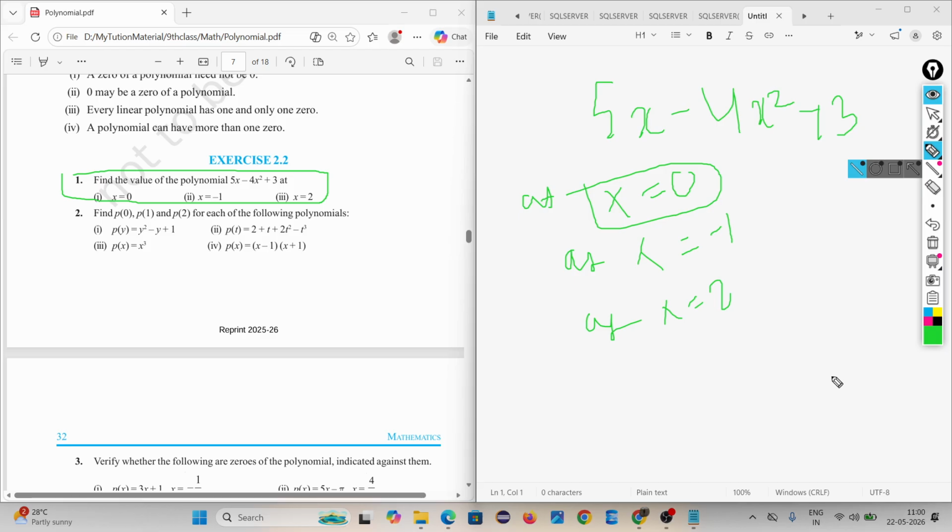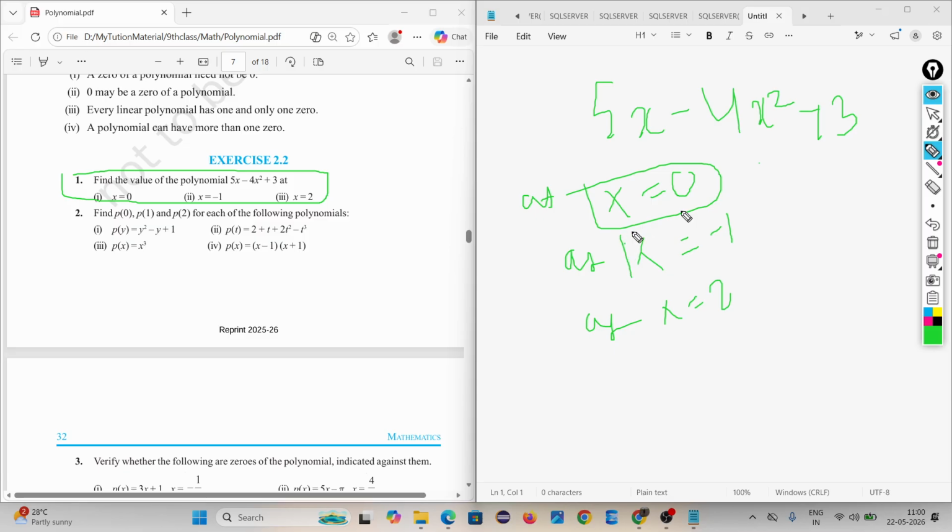When x equal to 0, the value of the polynomial is 3.